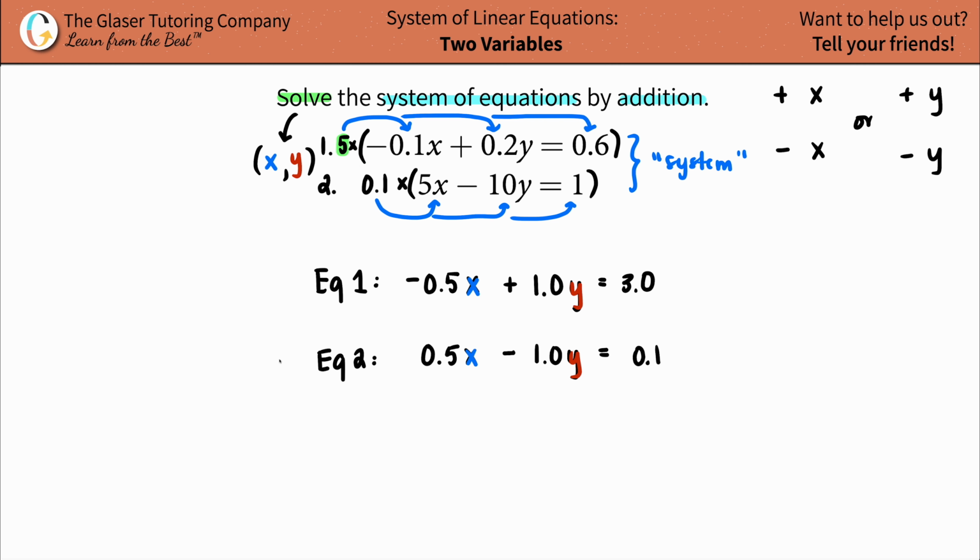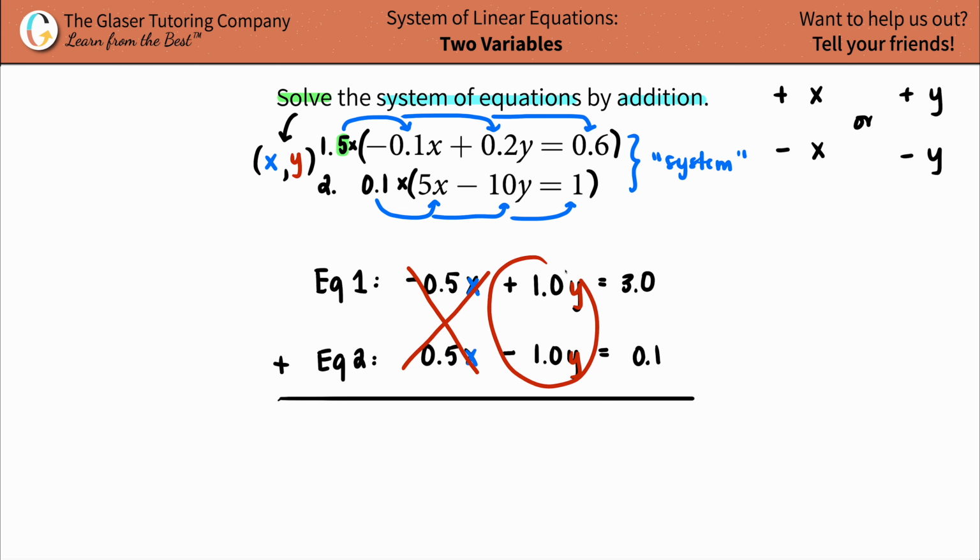Okay, now we're ready to add these two equations together. And let's see what we get. So this was the main point here, right? We have a negative 0.5 plus a 0.5. This whole thing's going to go bye-bye. But now, ooh, look at here. 1 minus 1. That's a big fat 0.